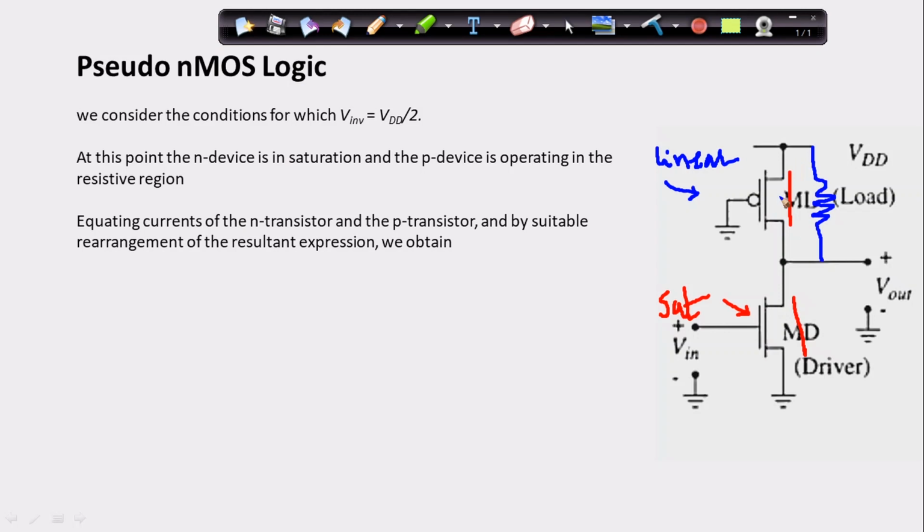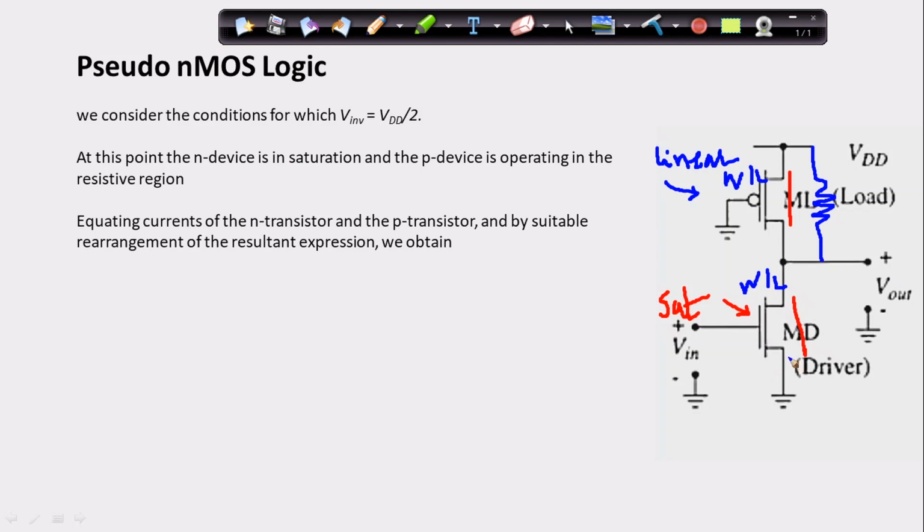Now I'll be considering both current equations and equating them, since I'll have a ratio of W by L in the current equation.